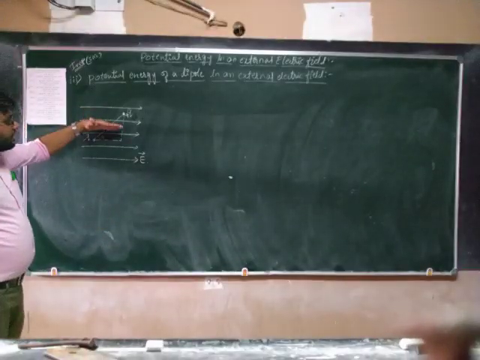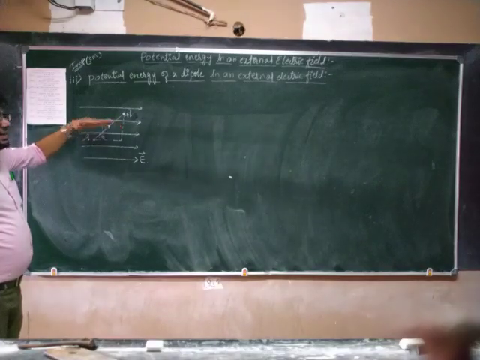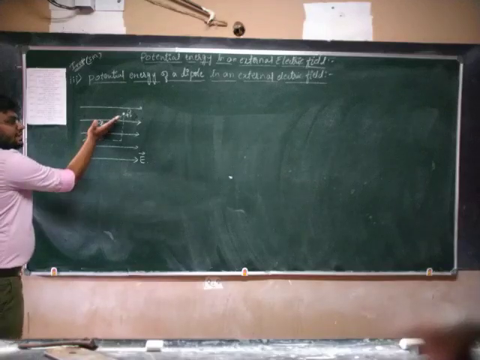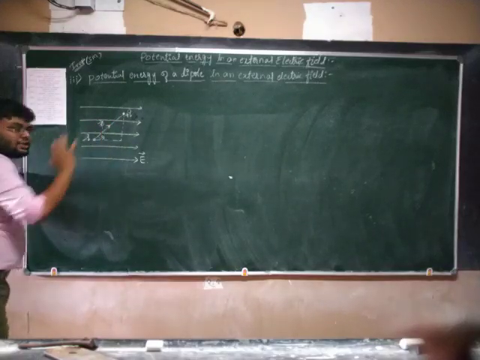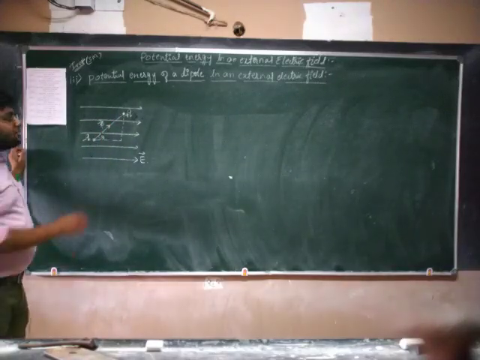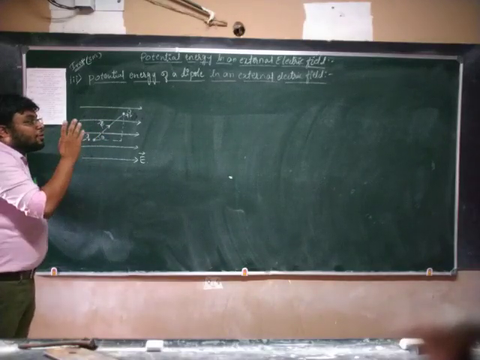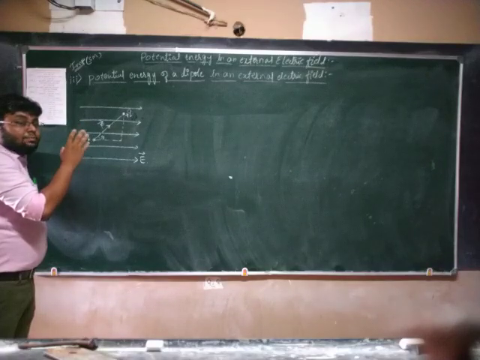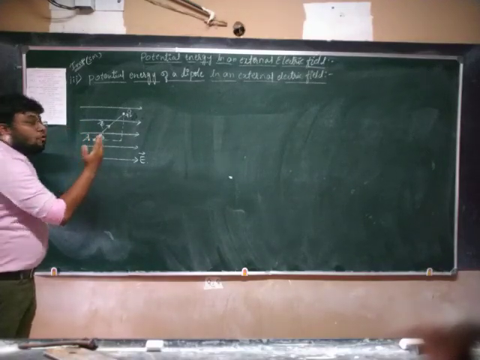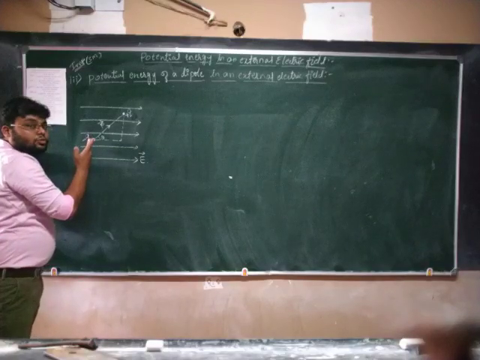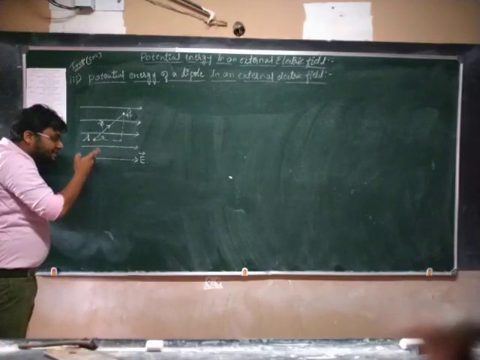So if I keep the electric dipole like this, don't consider it exactly horizontal, then on both the charges we have a force. On the positive charge plus q we have a force in this direction, and on the negative charge minus q we have a force in this direction.